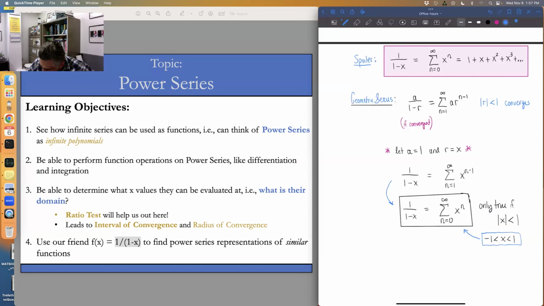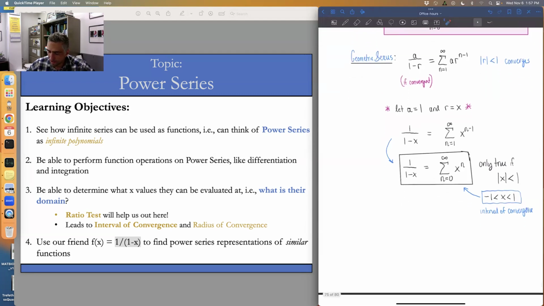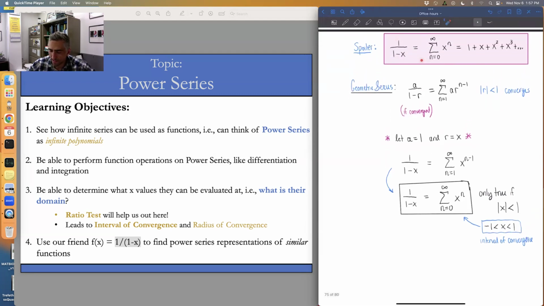So again, for this particular power series, the interval of convergence would be -1 to 1, but not including the endpoints. And that again is related to the fact that for a geometric series to converge, we needed r to be less than 1. So again, this is the first power series that we have of a function. The function 1 over 1 minus x is equal to that power series n equals 0 to infinity, x to the n.